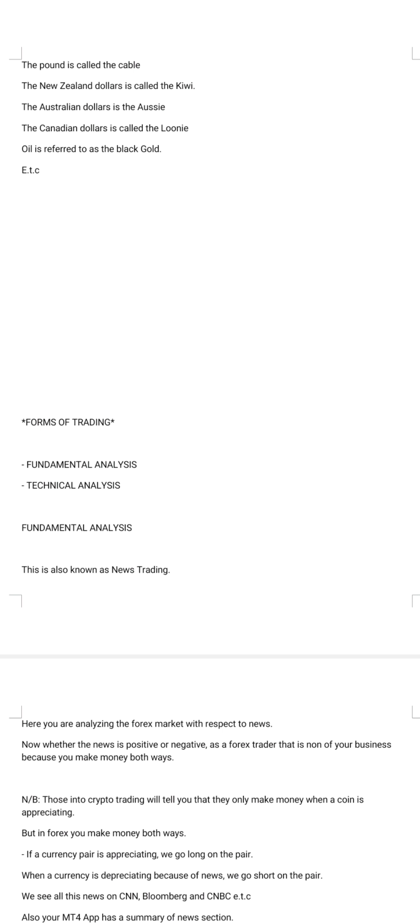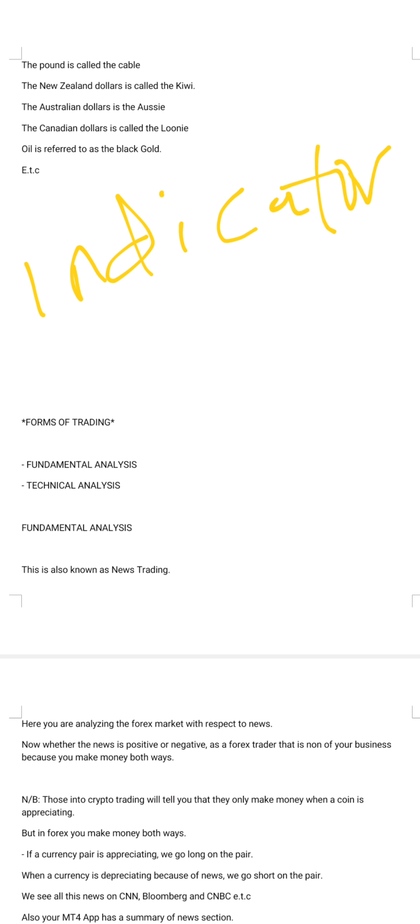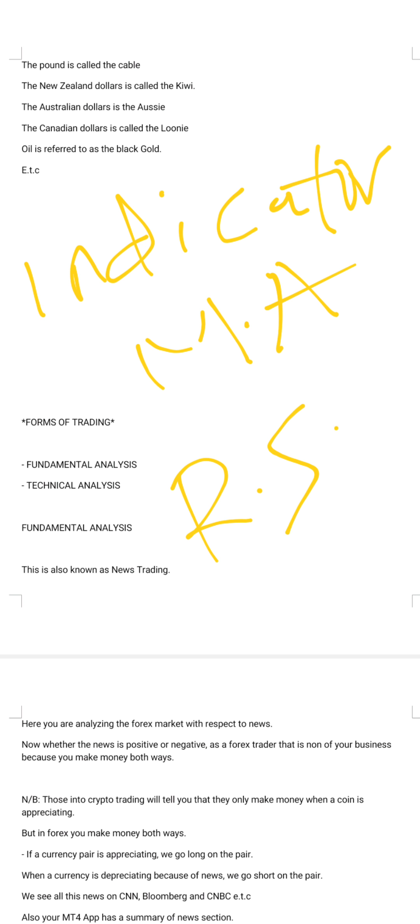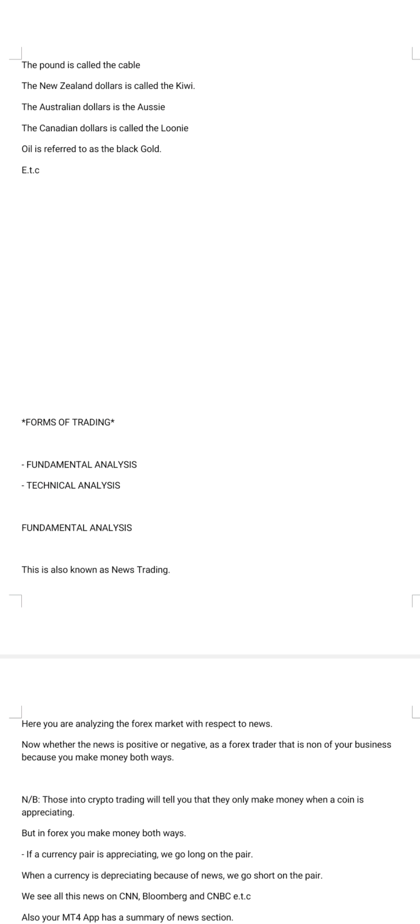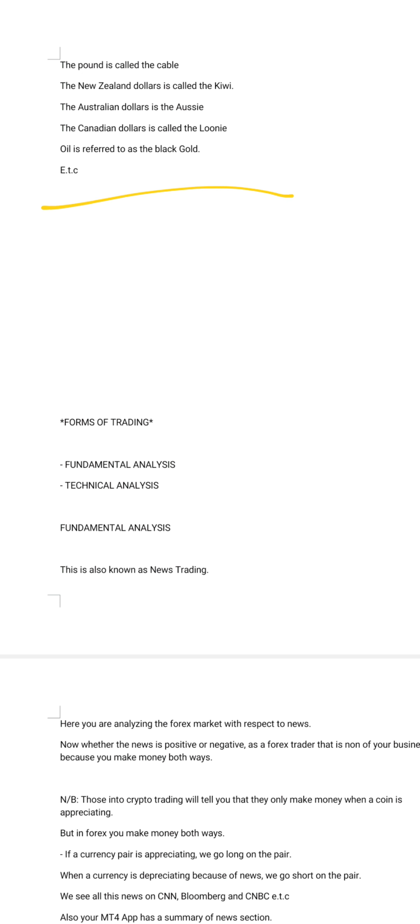Then technical analysis, that is when you are making trades based on technical analysis. Technical in the sense that maybe you are using indicators. Like I said in the beginning of this class, we learn about different indicators such as moving average, relative strength index, and many other indicators. If you have ever traded, you will notice candles forming, different kinds of candles.